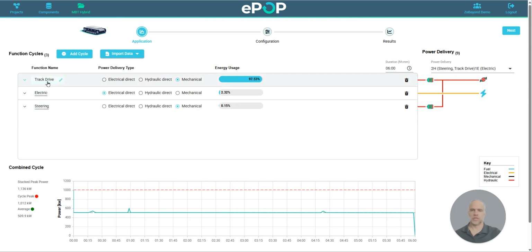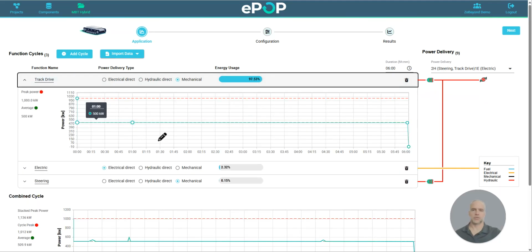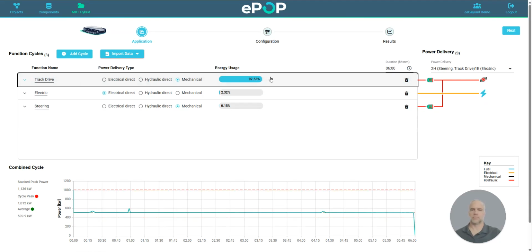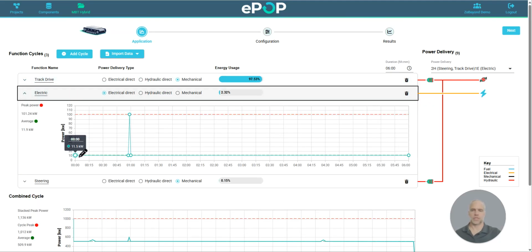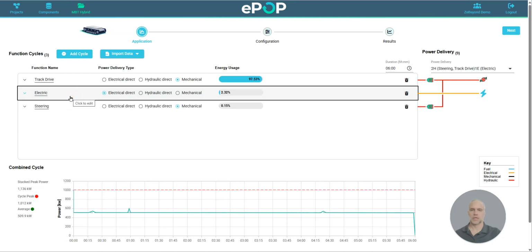So what we've done, in addition to taking the drive cycle, which we just did, a cruising power for the track drive, is added an electric cycle, which is a nominal low level, but then 100 kilowatts. This is a new requirement for the next generation, that it has to be able to do 100 kilowatts peak electric generation.